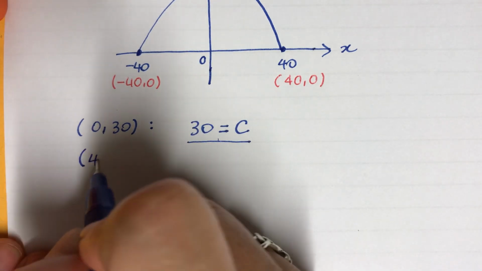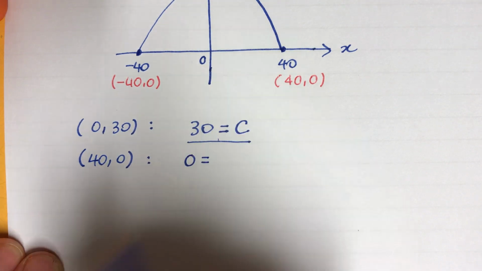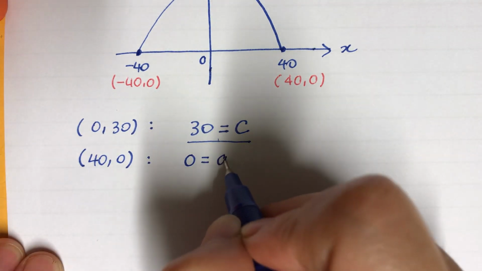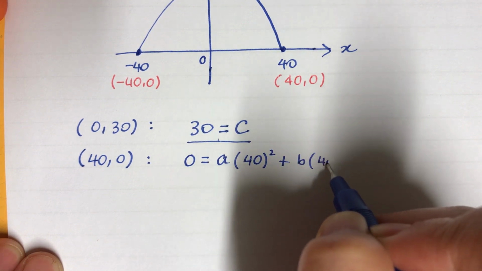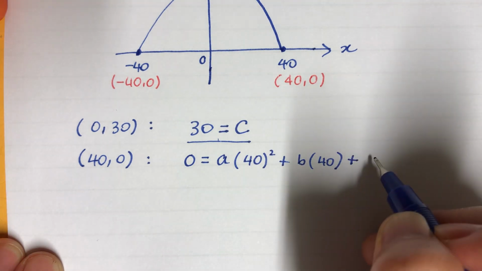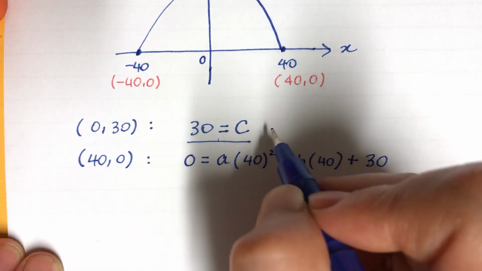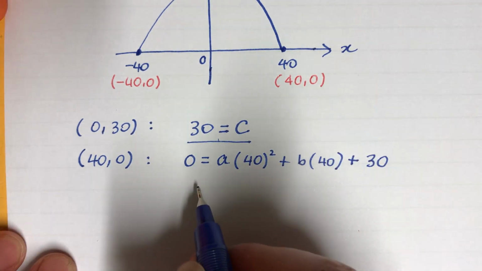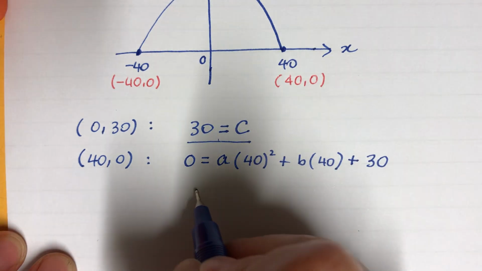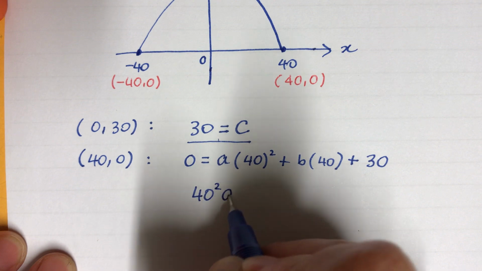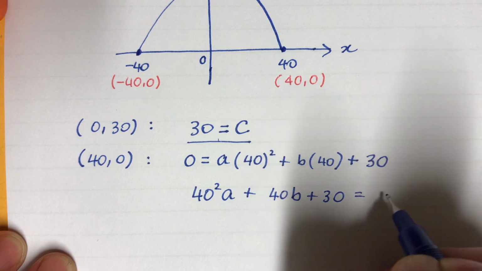And I'm going to do 40 and 0. So y value was 0, and a, I'm going to have to put 40 squared, plus b times 40, plus c equals 30 from the previous one. So I will go 40 squared a plus 40b plus 30 equals 0.